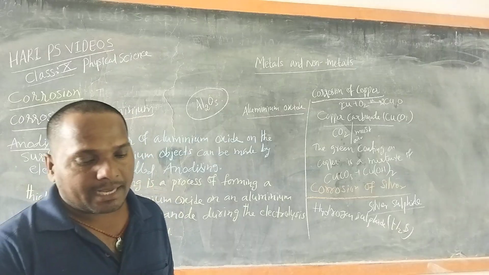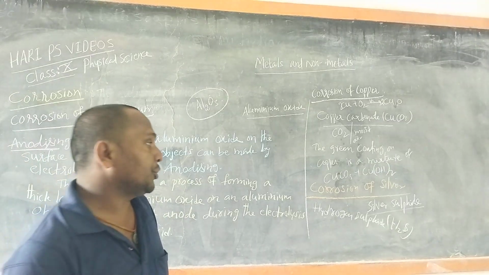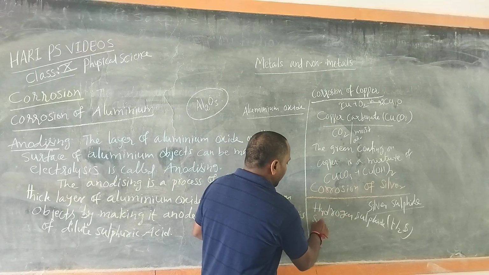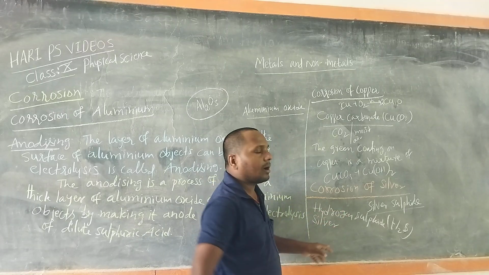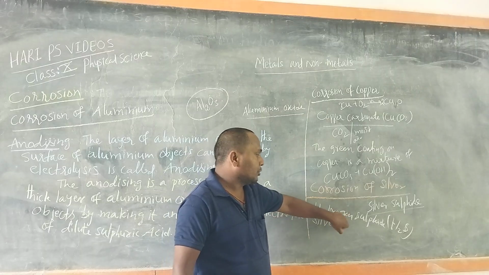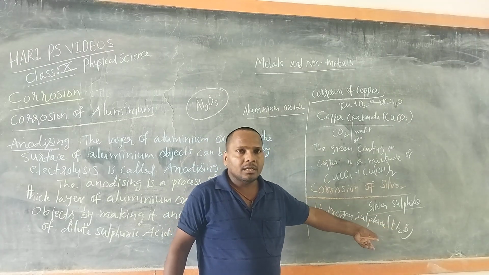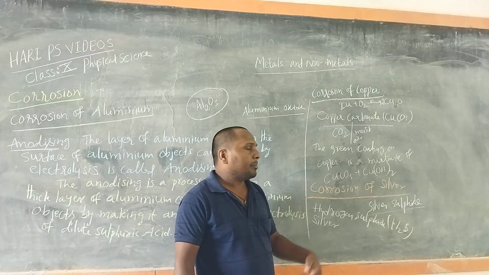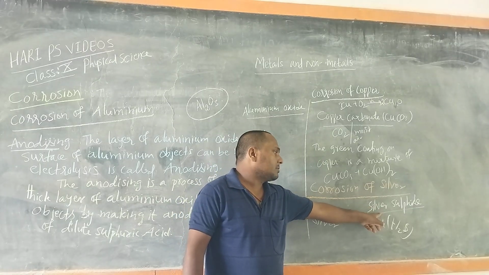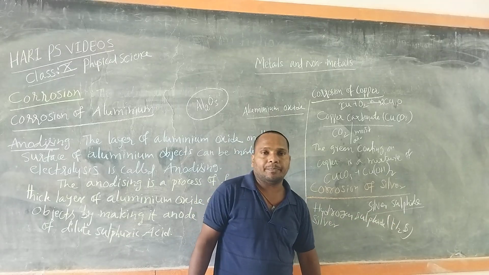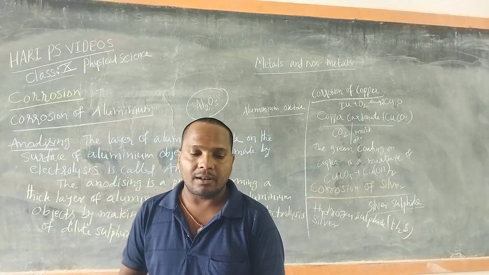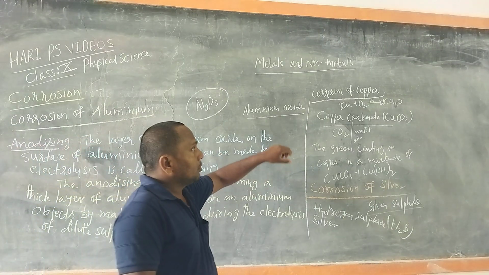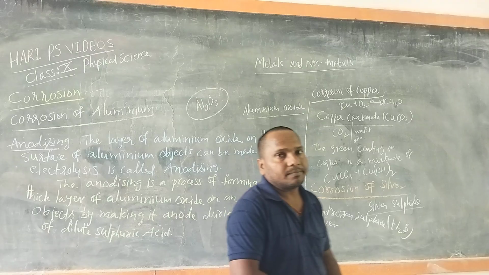Due to the action of hydrogen sulfide in the air on silver, the silver turns black because silver sulfide is formed as a layer. So this is about the corrosion of silver.